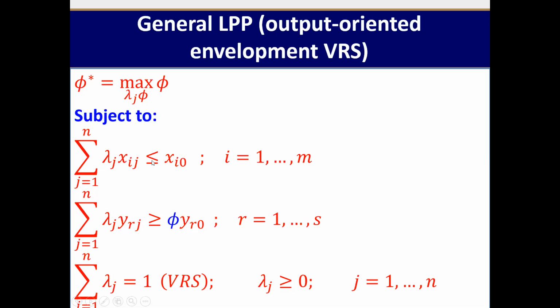If it is equal to, it means it's on the frontier. But if it is less than, then it means that it's inside the frontier. And then let's go to the DRS constraint that she talks about.